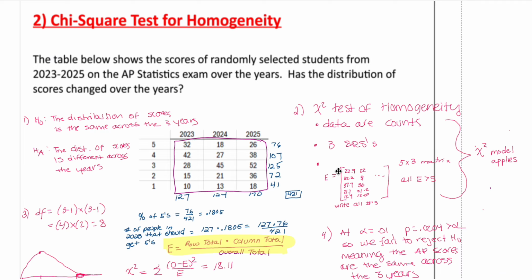Last condition will be checking if the expected values are greater than 5. But be careful right here. Since we have 3 populations, we have to check if all of them are greater than 5. What if one of them is not? We have to draw the conclusion when we are writing our statements.